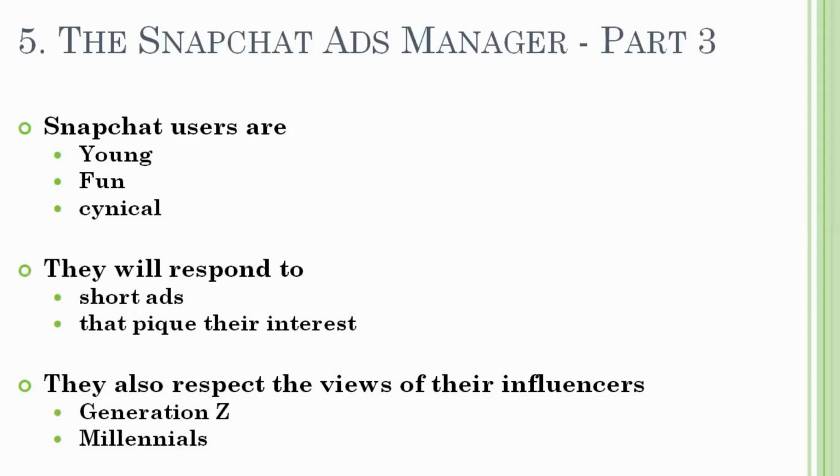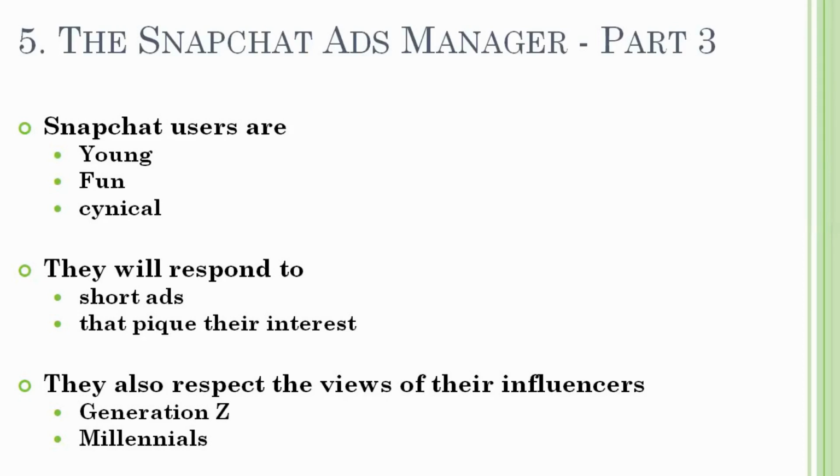Okay, part 3. Now, Snapchat users are young, funny, and critical. You must remember what you were like when you were in your teens and 20s, how you viewed the world and how you viewed things. They will respond to short ads, so they don't want any long, lengthy ads. Then it has to be something that piques their interest, their curiosity.